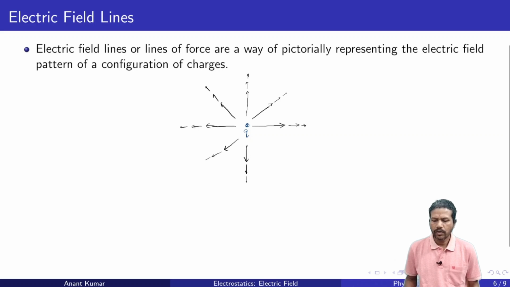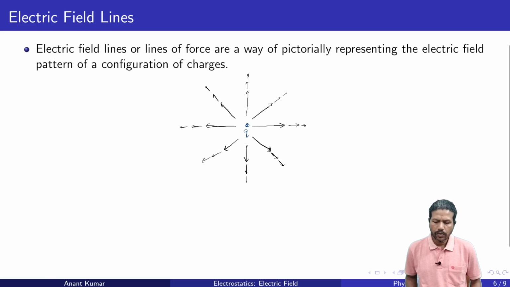I can obviously draw many vectors, though it will be difficult to draw. Exactly how many vectors I draw depends on how sharp my pencil is and how energetic I am. If I draw enough, it can give me a sense of how the field might vary around. Fine. This is one way.